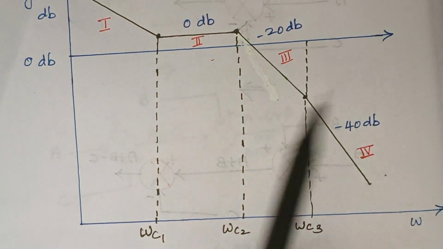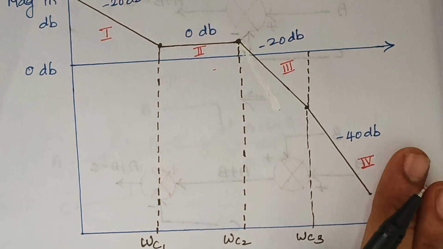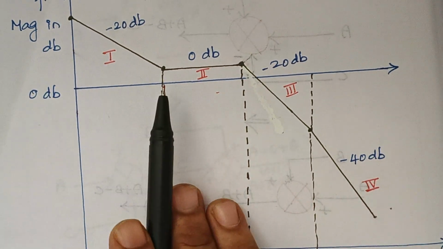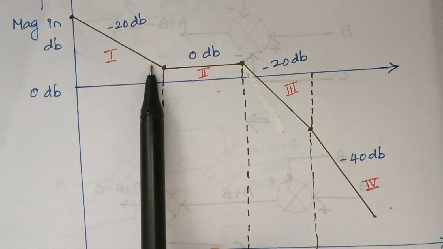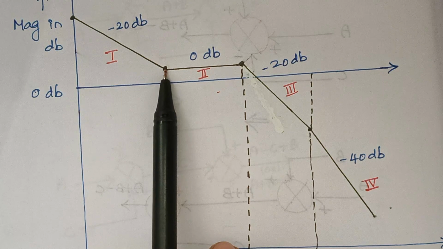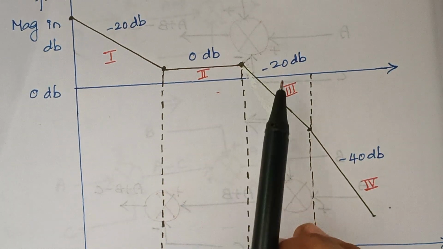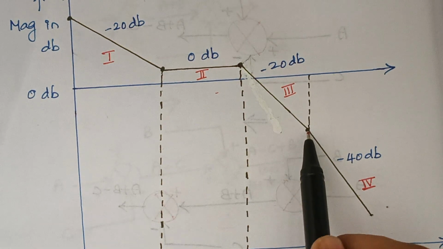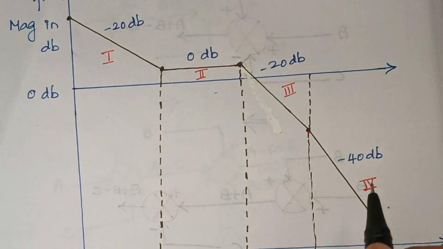So this diagram has totally 3 corner frequencies, because the value of slope changes at 3 different points. Initially it is -20, at this point it changes to 0, at this point it changes to -20, and at this point the slope changes to -40, right?